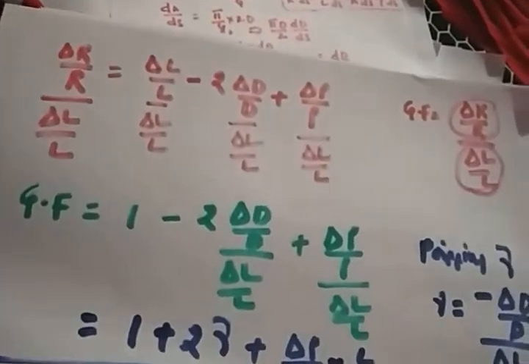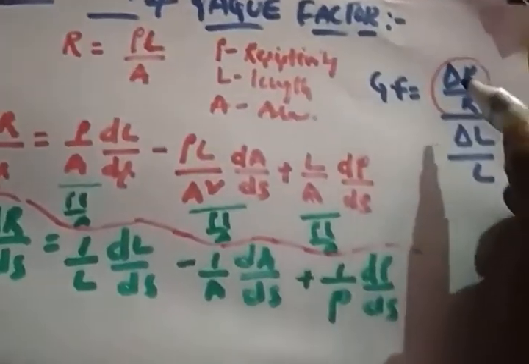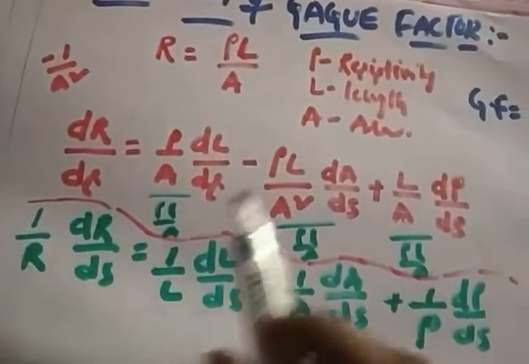So what are the factors that are changing in delta R by R? First you have to differentiate with respect to stress.